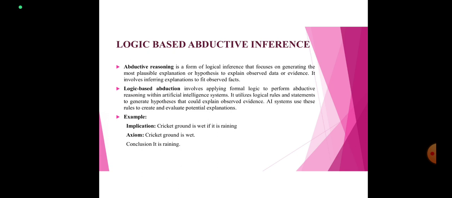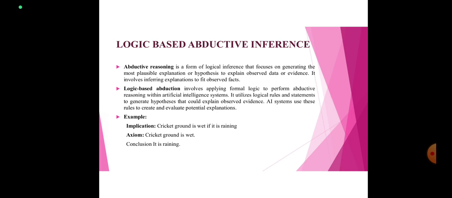We will have certain observed evidence, data, etc., and from that we apply certain logical rules and find a hypothesis that best fits the observed data. So in artificial intelligence, certain rules are used and then we evaluate these explanations.